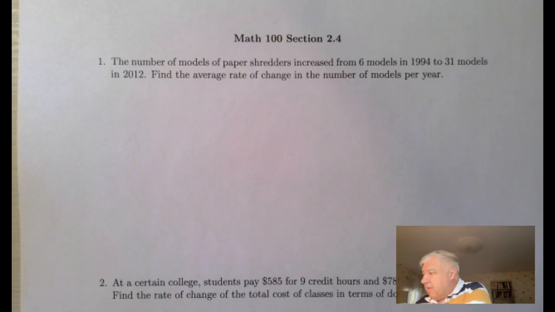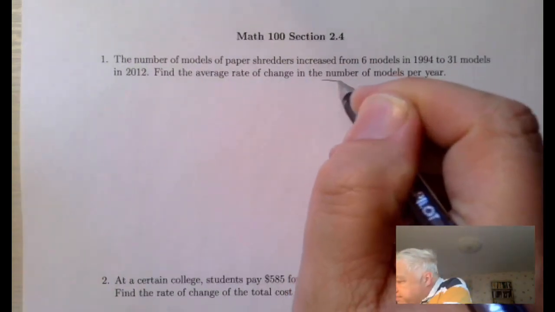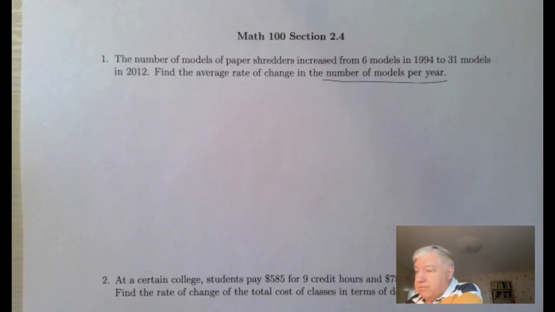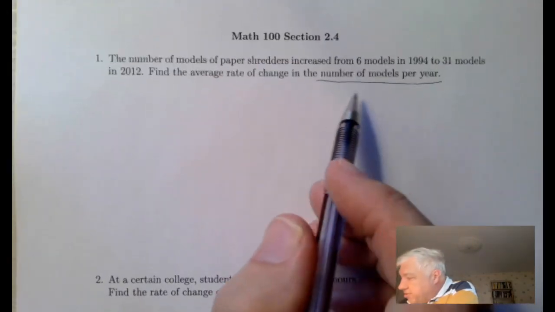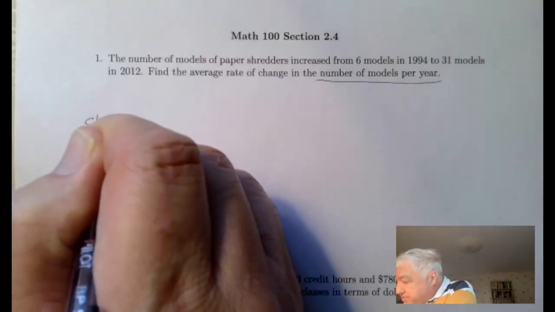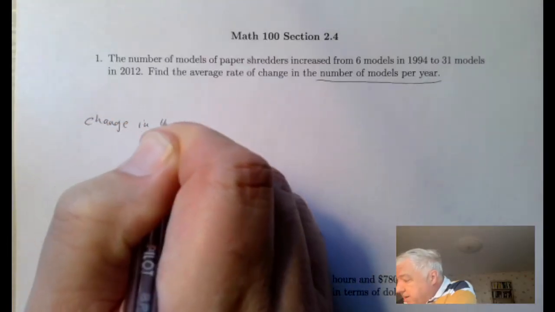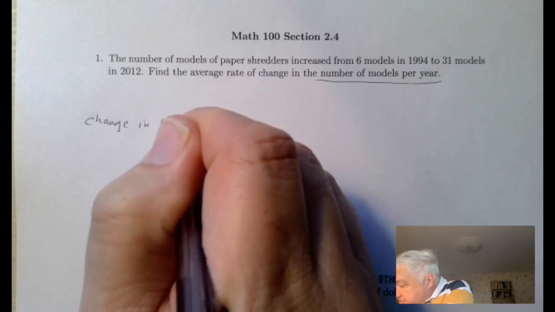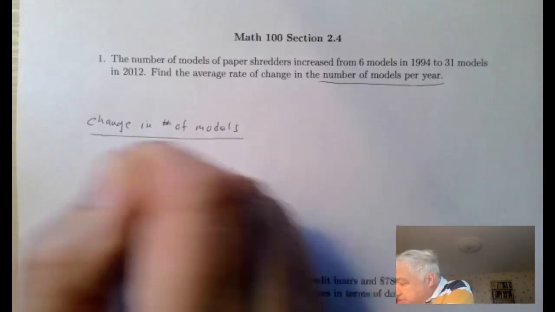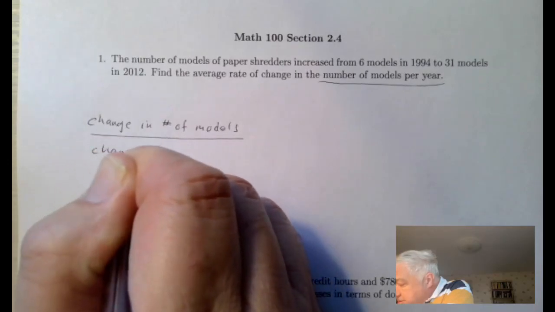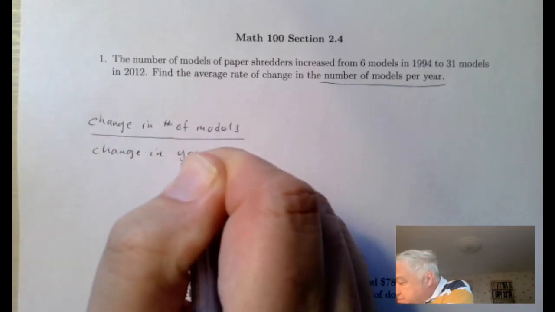Okay, so models per year, that's the key word here for finding the rate of change. So we're talking about the change in the number of models divided by the change in years.